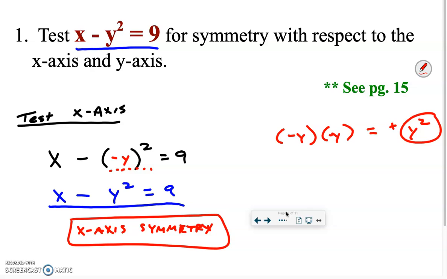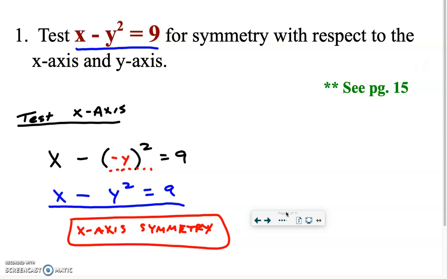One of the spots where some people have created problems for themselves is that they look back at this and say, okay, minus and negative, and then they change the signs. That's breaking the order of operations, isn't it? We have to take care of the exponent first, because technically that would be like multiplying negative 1 times the negative y, but negative y is being squared, so we take care of the exponent first.